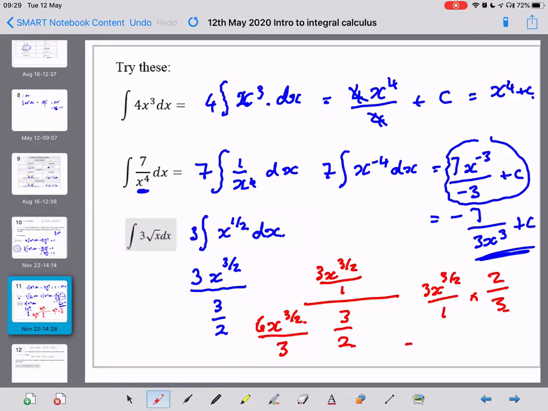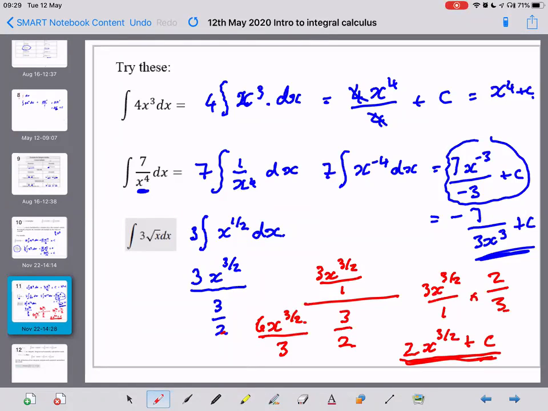So the final answer is 2x to the 3/2 plus c, and I'd take that answer. You all follow that? This fraction goes in here up the other way and multiply. So you end up with 6/3 x to the 3/2. You simplify 6/3 is 2. There's your final answer.